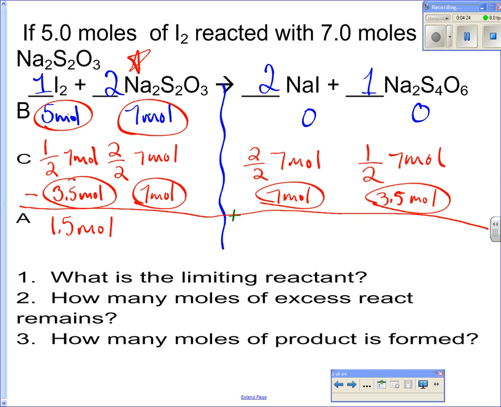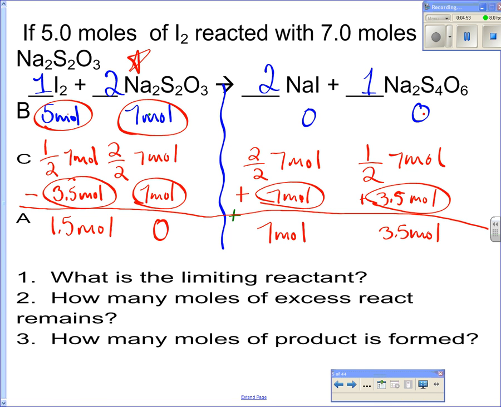Your limiting reactant, which I kind of call my loser, is my 7 minus 7. That better be 0 moles, because I'm going to use it all up. That's the whole idea behind limiting reactant: it's the guy you run out of first. So now I have 0. And this side I'm going to add because I'm making this side. So 0 plus 7 is 7 moles, and 0 plus 3.5 is 3.5 moles.